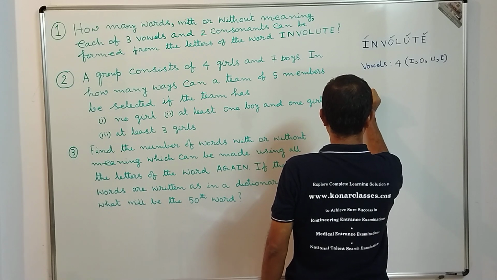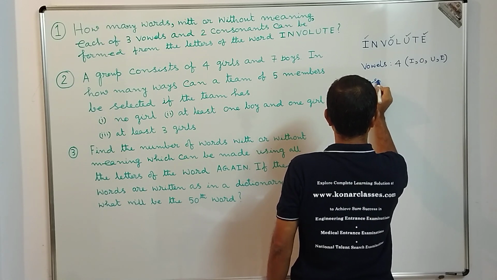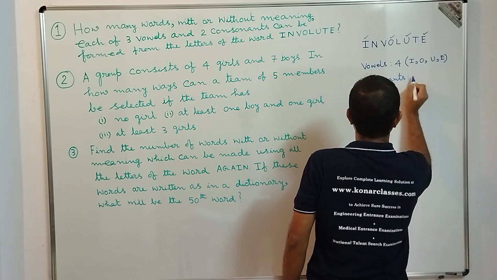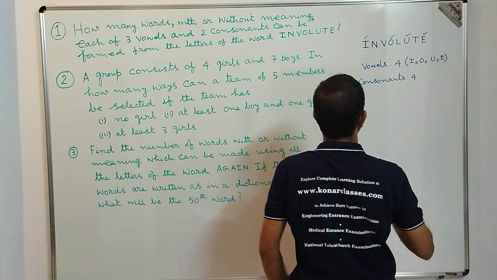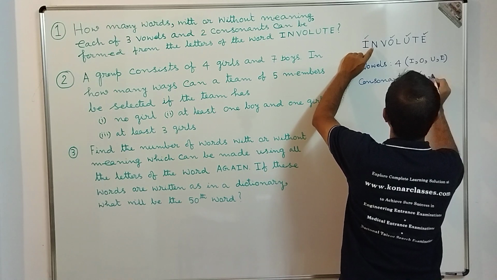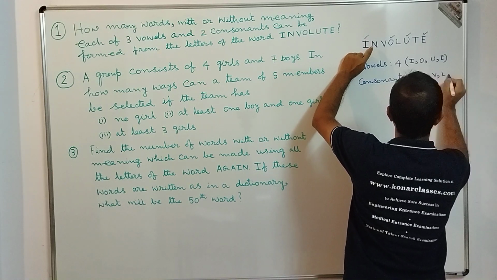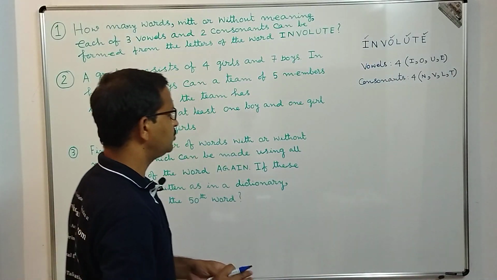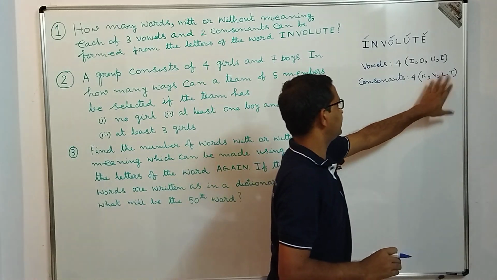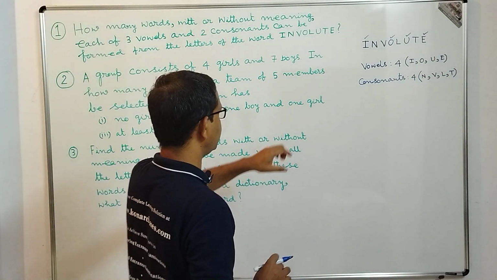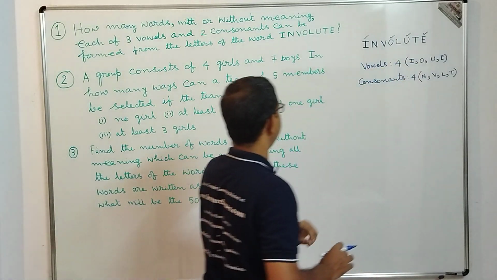The rest are consonants, so the rest four are consonants, and these are N, V, L and T. Though it is not very important to write down which are consonants and vowels, I just wrote it down. So there are 8 letters in the word involute.